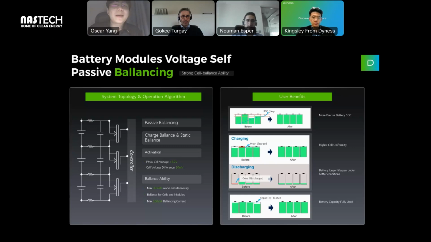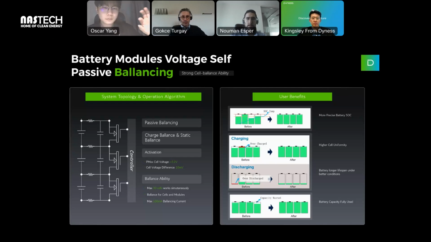So as I mentioned in the previous slide, our battery has a very good BMS, and this BMS is good at protecting the battery cell. This is one of its abilities that I want to mention within this battery. When you are charging a single battery pack, inside a single battery pack there are 16 battery cells.